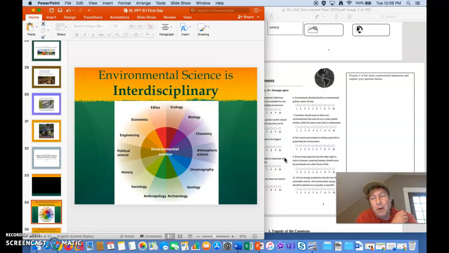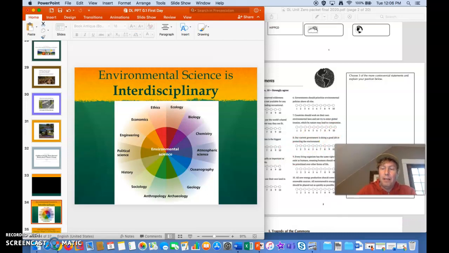There are many interesting things about AP Environmental Science, but one thing that I think is fascinating, which makes it a difficult course to teach, and also a difficult course to learn all the information, is that we're really drawing on content from many different disciplines. And this environmental science wheel shows you the different things that go into this idea of environmental science. We're going to talk about ethics, the moral right or wrong thing to do. Ecology, the study of how living and non-living things interact. Biology, the study of life.